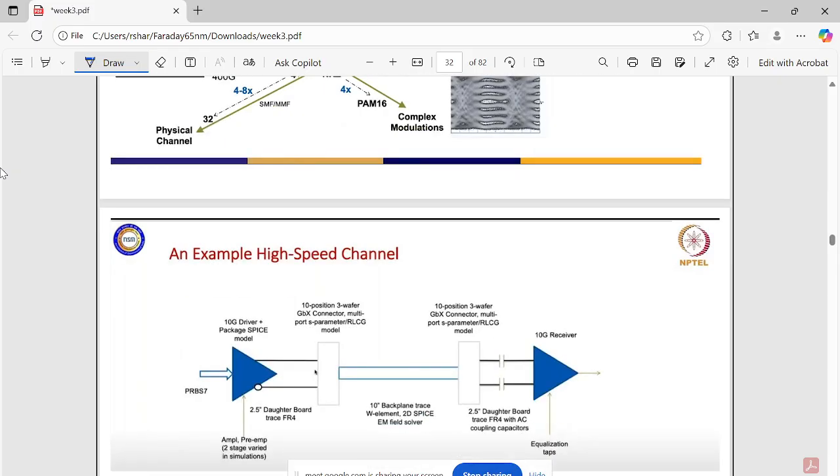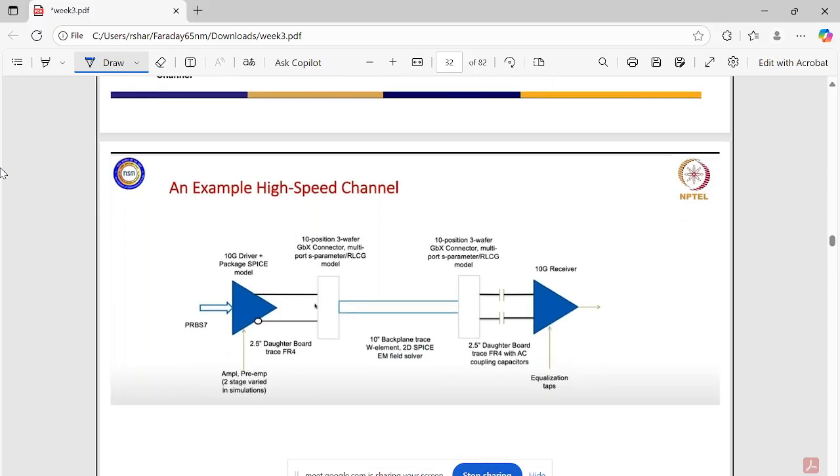So let's look at the standard high speed channel between the transmitting element and the receiving element, meaning between server 1 and server 2. This triangle is a transmitter. It represents the black box. It goes into a connector, and the connector goes into a channel.